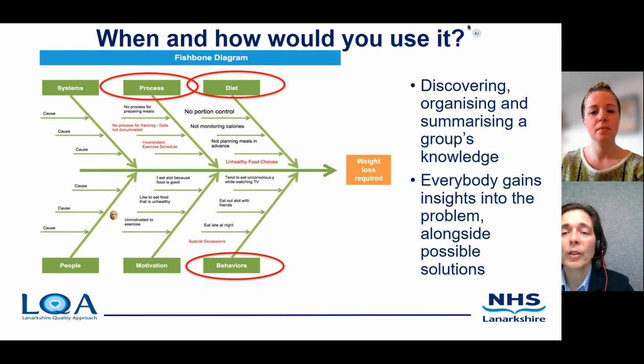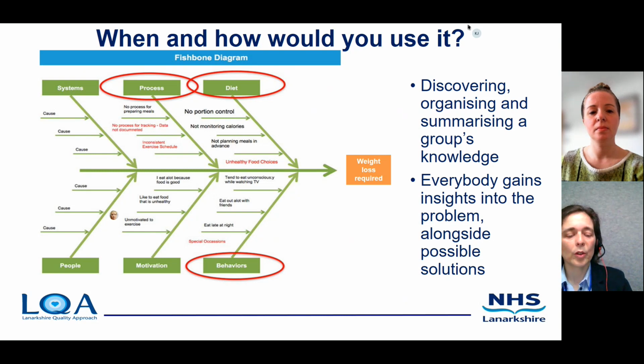When you're running it with a group, you really want to grab everyone's ideas so that you're getting the best possible solutions and change ideas. So it's a great way to let everyone put down what they think is going on and have it in a one-page picture.